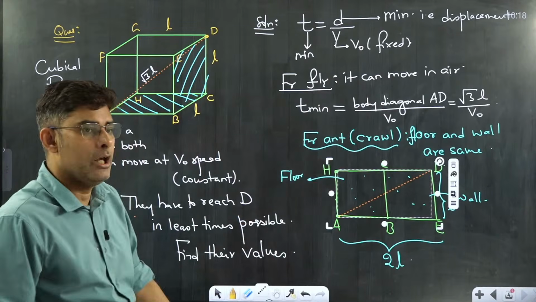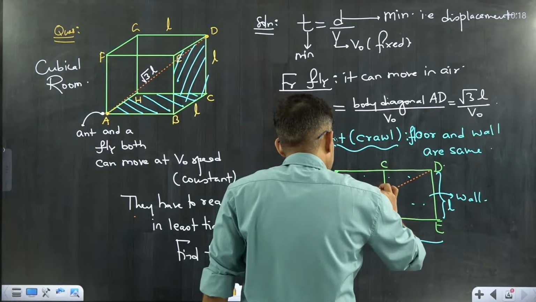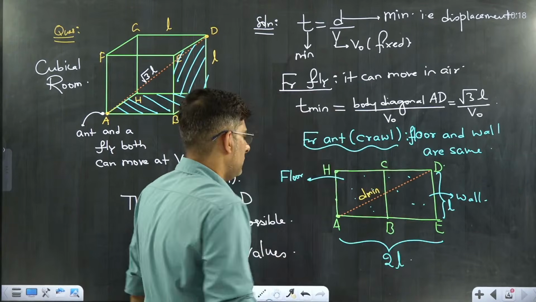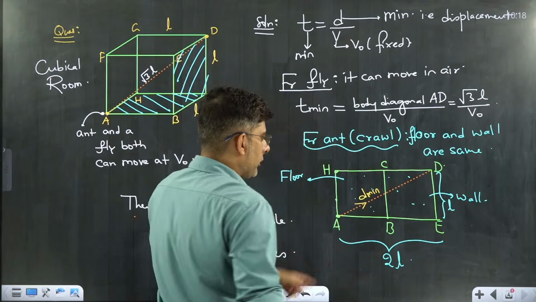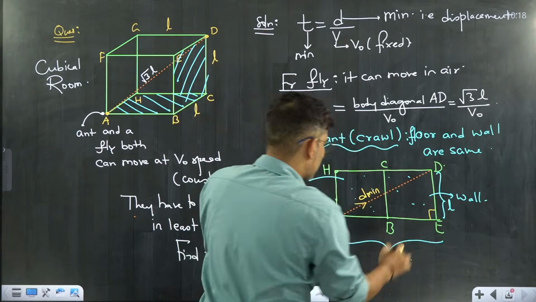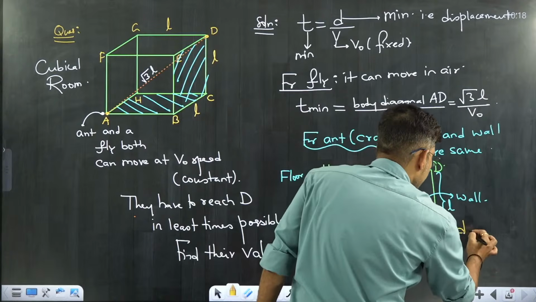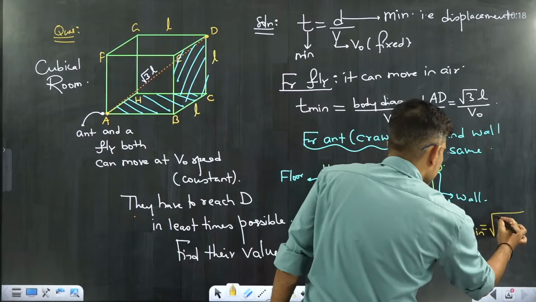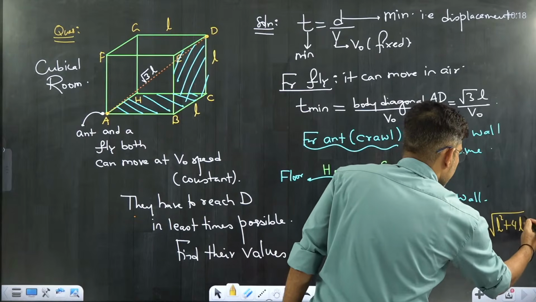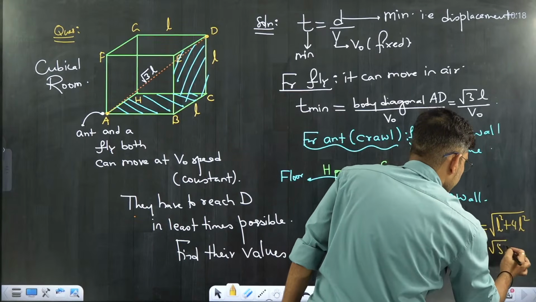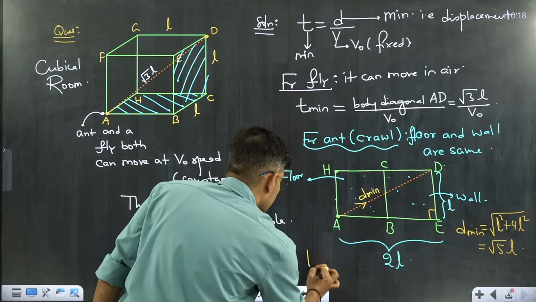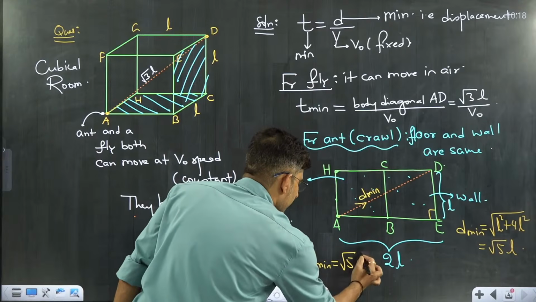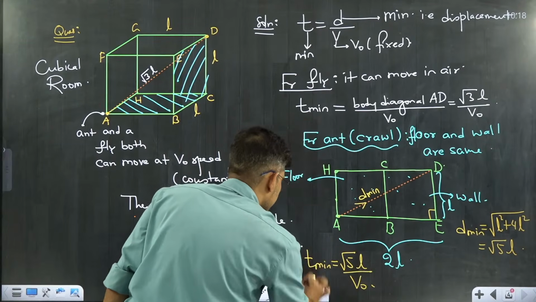So we will say this is the least displacement for the ant, which you can get by the Pythagoras theorem. So what is D minimum for the ant? D minimum will be under root of L square plus 4L square, which is root 5L. So what is the minimum time taken by the ant? Root 5L by V naught.